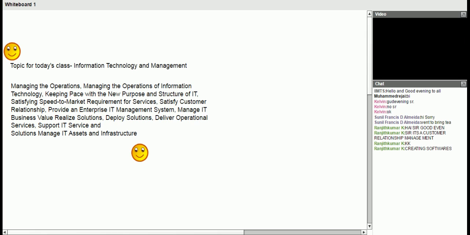So IT, information technology, is a very, very vast field. In every aspect, without the help of IT, business will not going to survive. So to keep on fulfilling the business requirements, we have to also keep on pace with the changing technology as well.